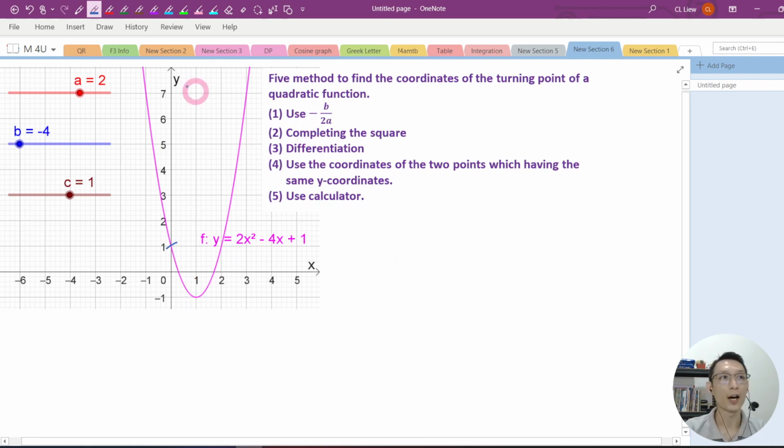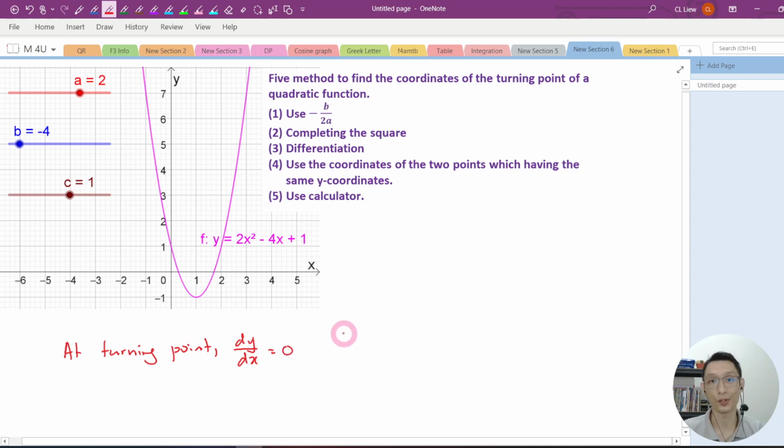Let's try the third method. This one you learn in Form 5, differentiation. So remember, at turning point, dy by dx is equal to 0. Okay, so y is equal to 2x squared minus 4x plus 1.